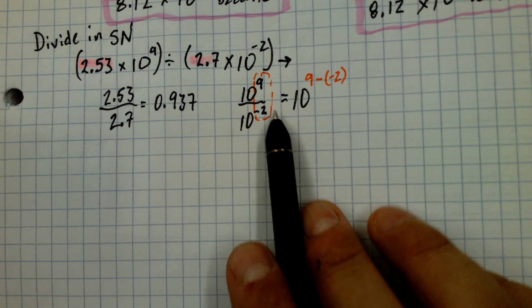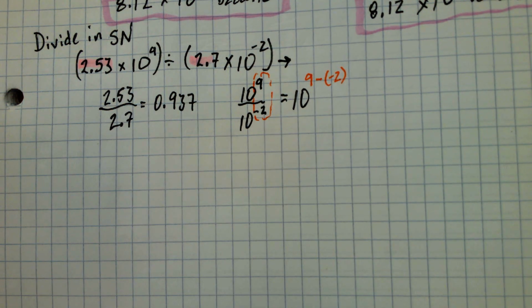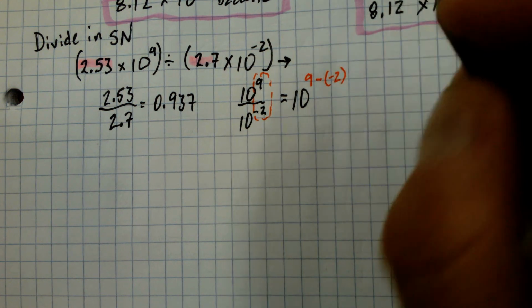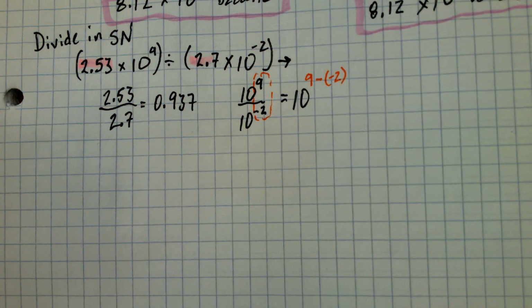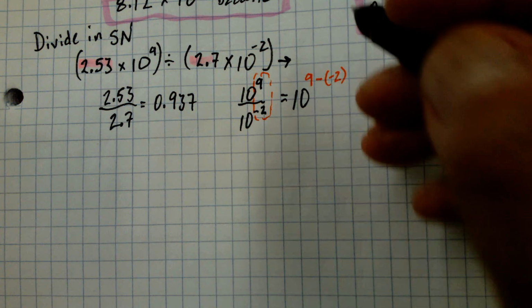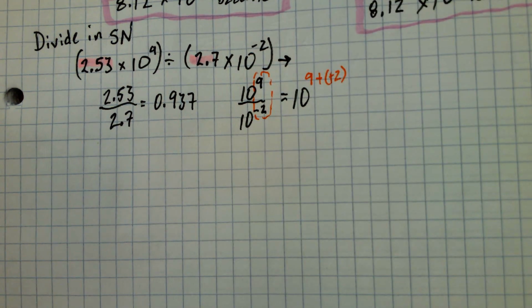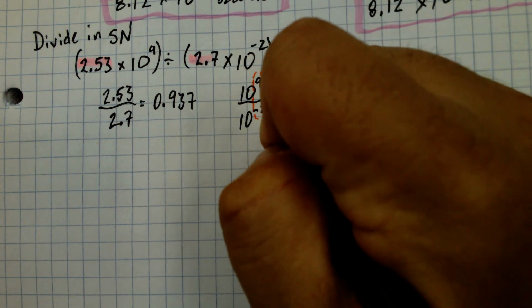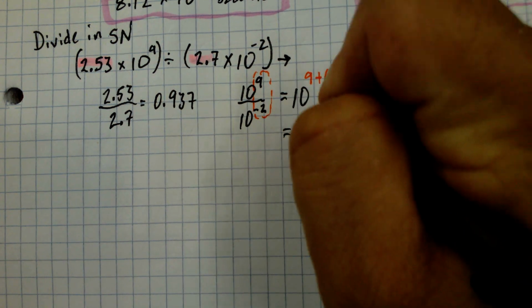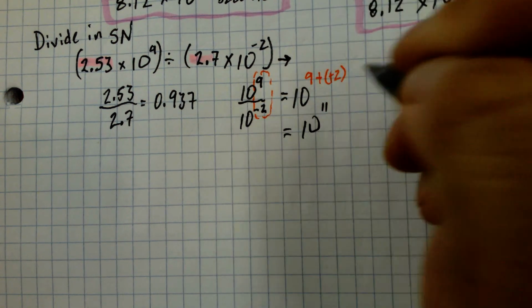And what am I going to subtract? Negative 2. Do a little keep change flip. It's 9 plus 2. So we get 10 to the 11.